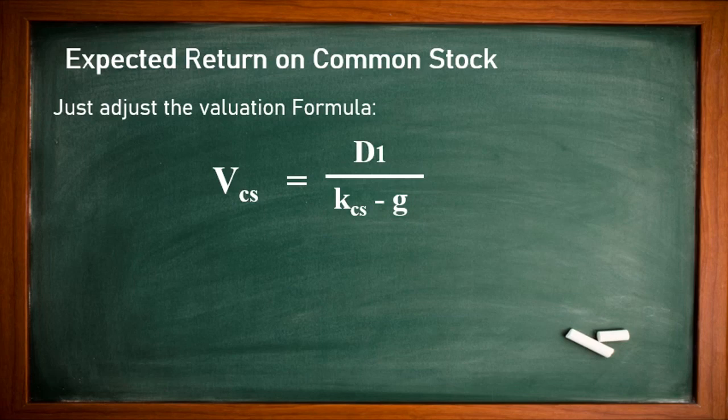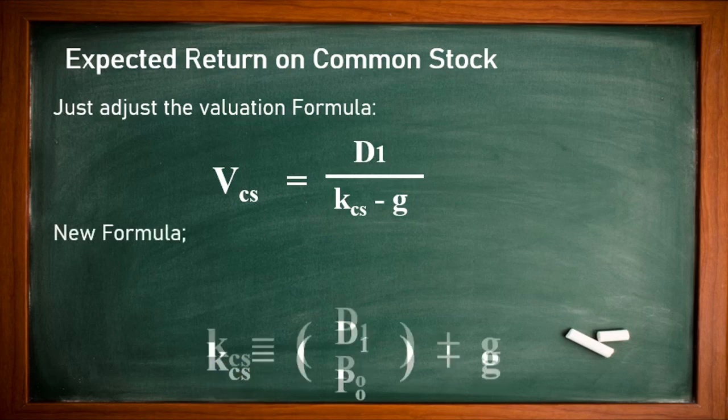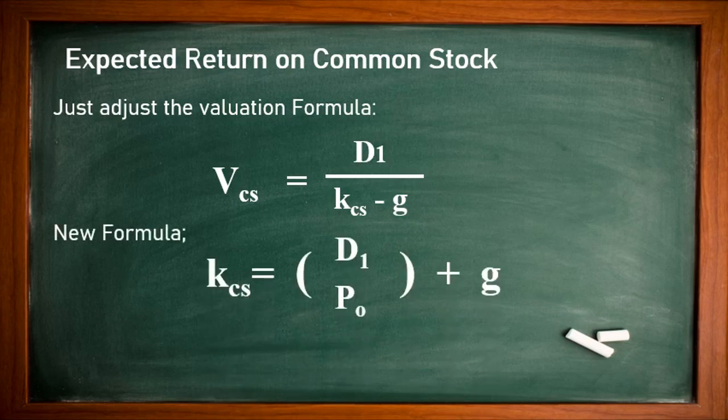VCS is equal to D1 upon KCS minus G. Let us type this formula in a new way. So we can say that KCS is equal to D1 upon P0 plus G. Once you adjust the formula, you will get the value in the same way. So this is the new formula after the changes.